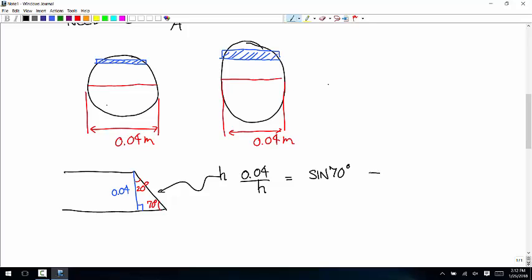And so h is equal to 0.04 divided by the sine of 70. And that's whatever that number was, 1.06 or something. 1.064? Is that right, Scott?